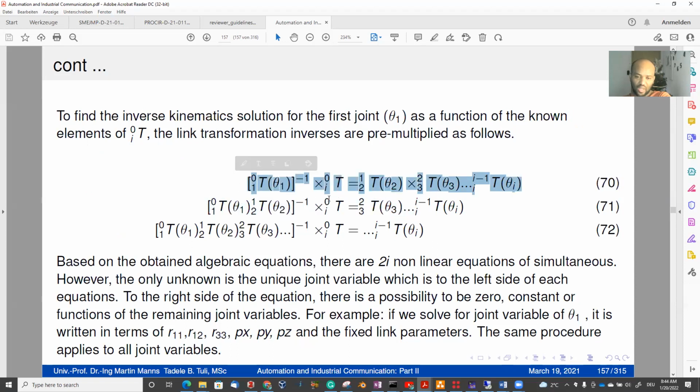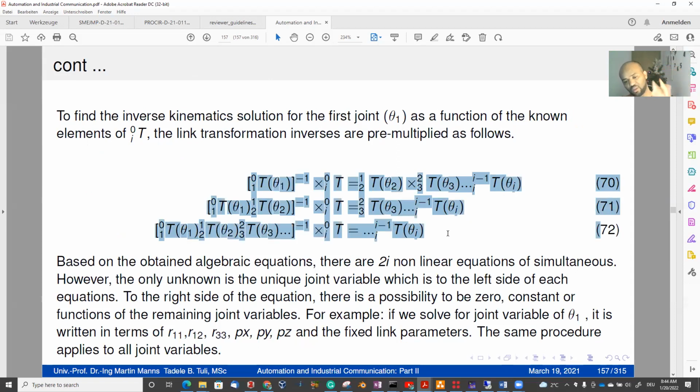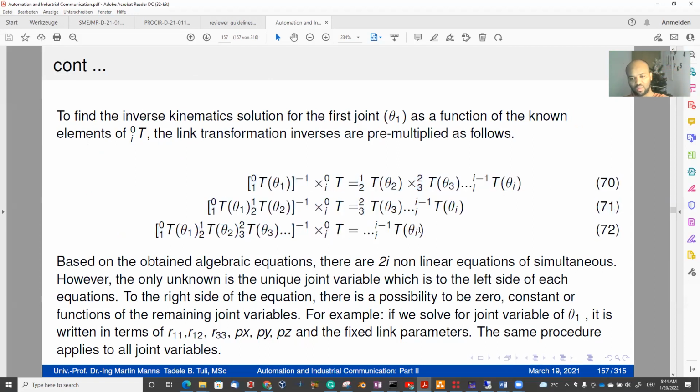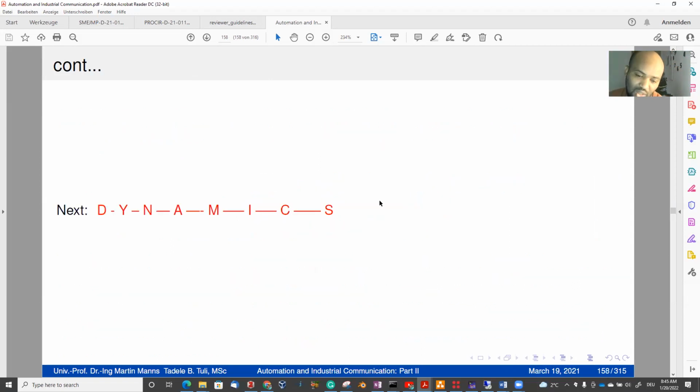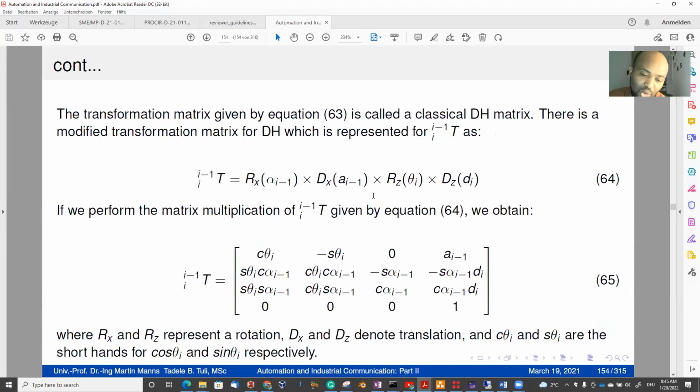Actually, you generate a set of equations. For example, if you have 6 joint variables, you generate 6 equations like this, and then you make a simultaneous solution, and then you get the joint variables for θ1, θ2, θ3, θ4, θ5, and θ6.